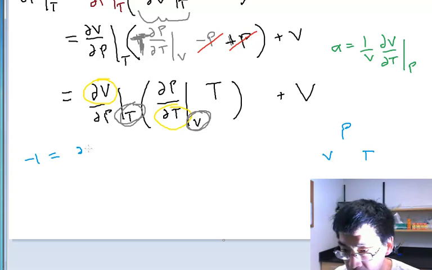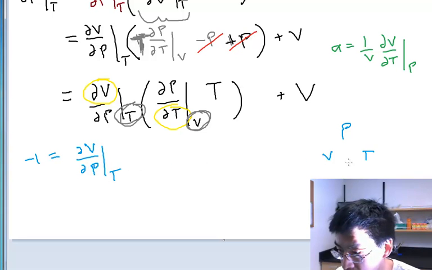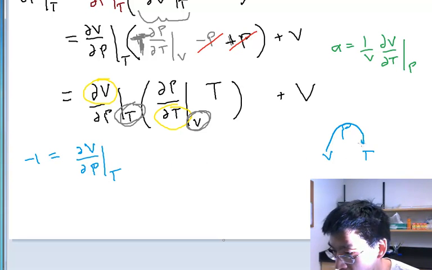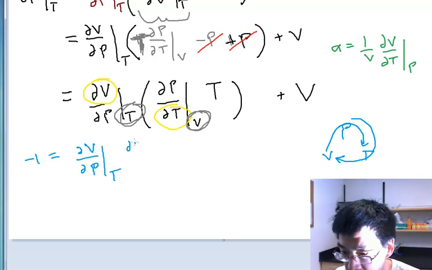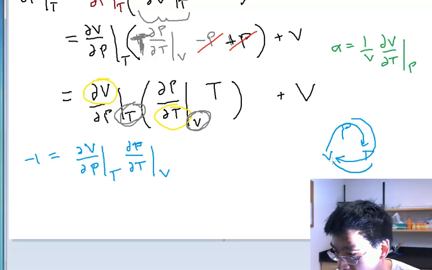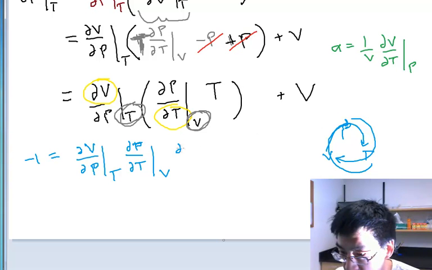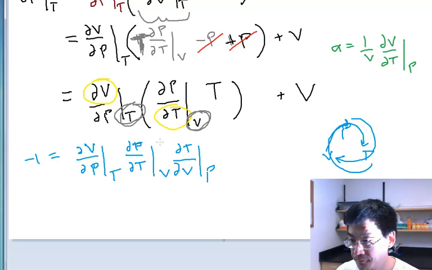So let's see, I got dV/dP at constant T, times dP/dT at constant V, times dT/dV at constant P. Okay.